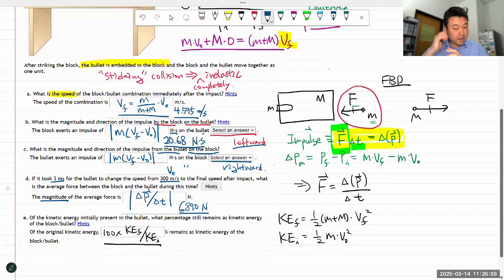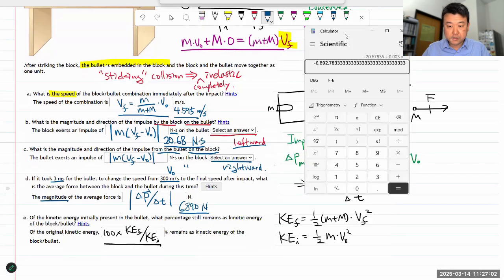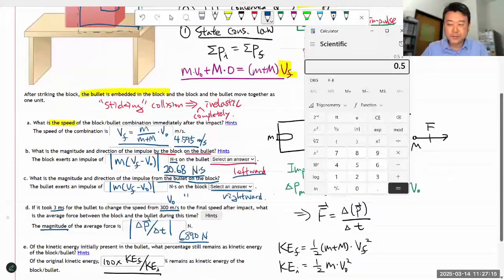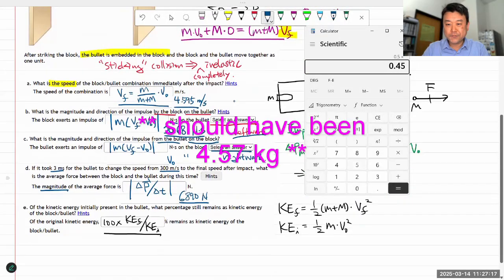For E, I need to calculate the kinetic energy first, and then I'll do the rest. So for kinetic energy, the final kinetic energy is 0.5 times the sum of the masses. Oh, I think I remember 0.457. Is it? Yeah, 0.457 times the final speed.